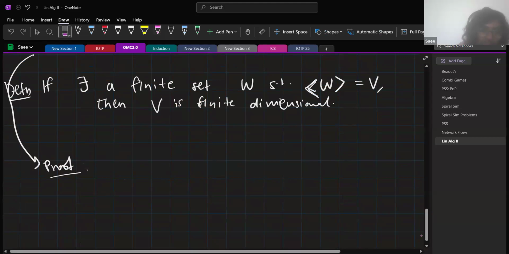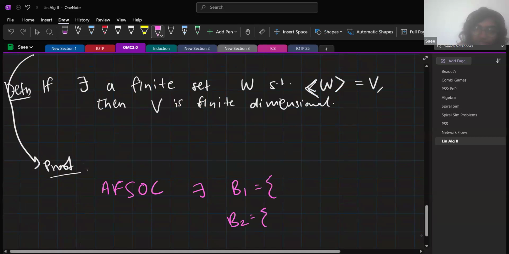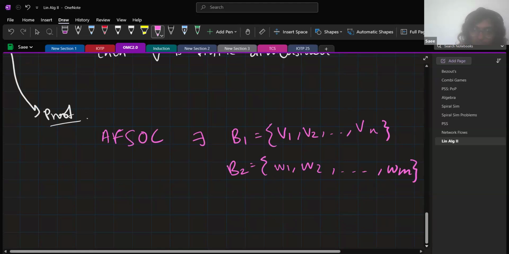So proof by contradiction. Assume for the sake of contradiction that there exist two bases: V1, V2 up until Vn, and W1, W2, till Wm, both bases of V. What's the plural of basis?